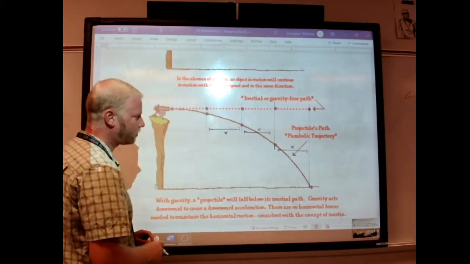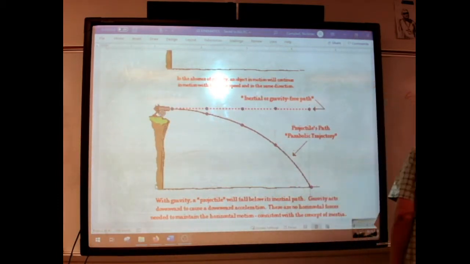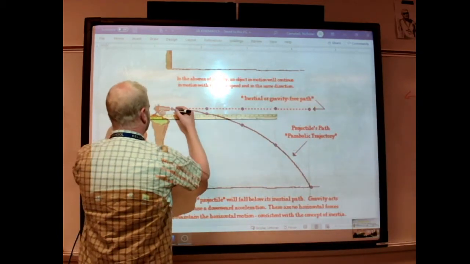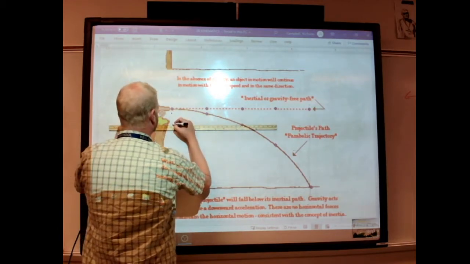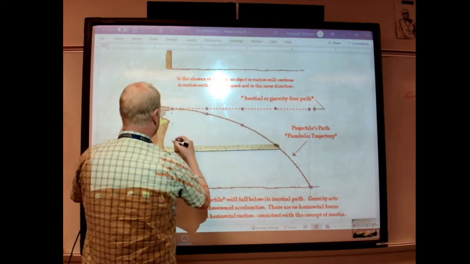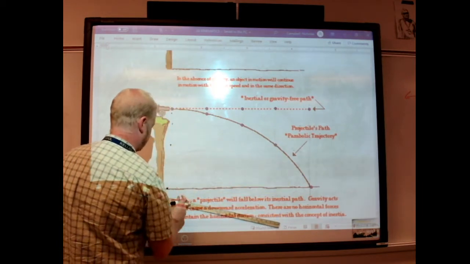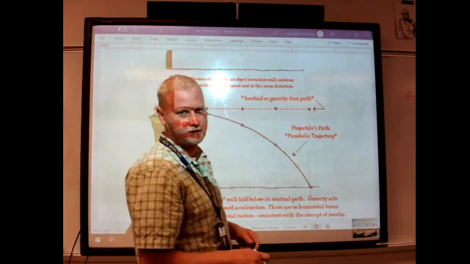Now, what happens vertically? Let's go ahead and plot our vertical position all in a line. This motion diagram should look really familiar to you.